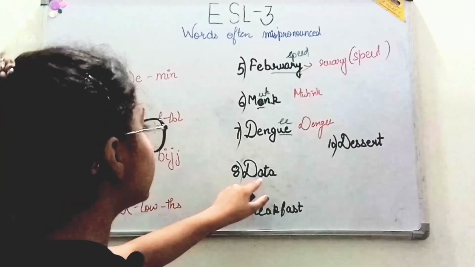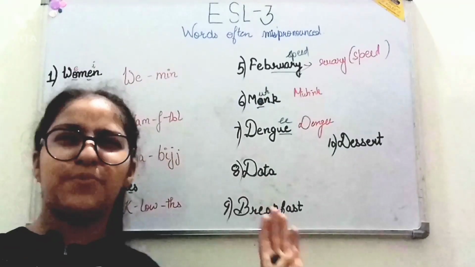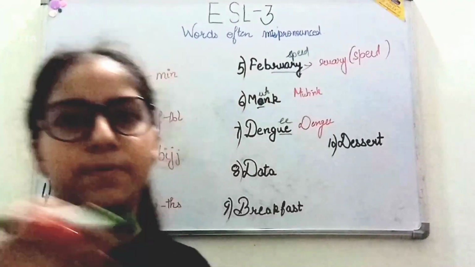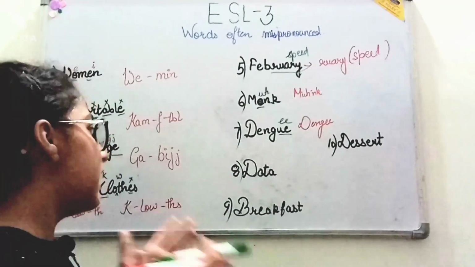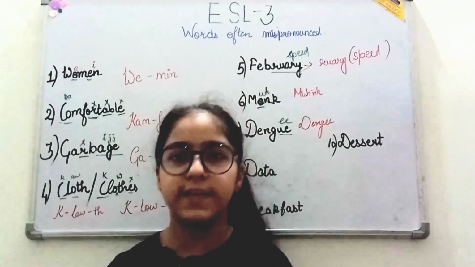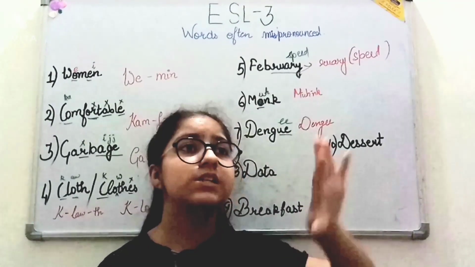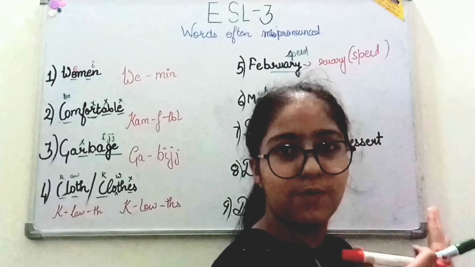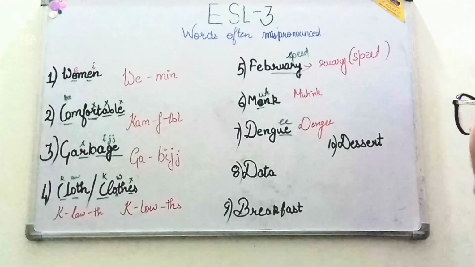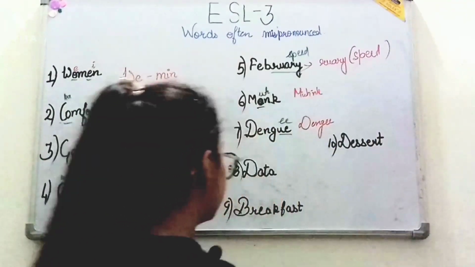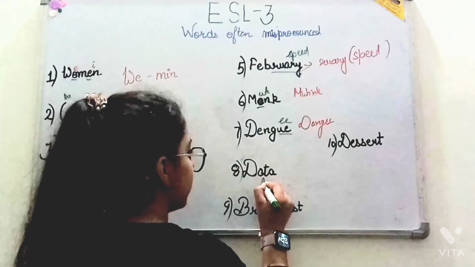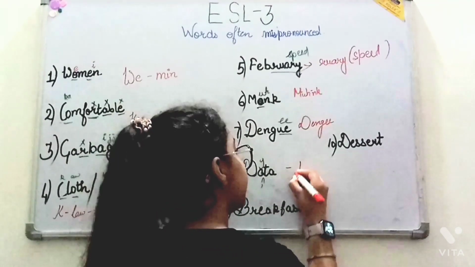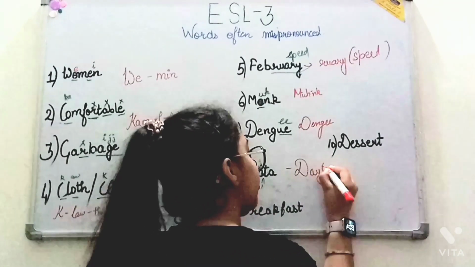Next one is most commonly used because we are in the time of technology. People pronounce it as data, which is totally incorrect. Saving things is called by this word, and people pronounce it wrongly. Here we are going to add a Y, so it will be data, not data.